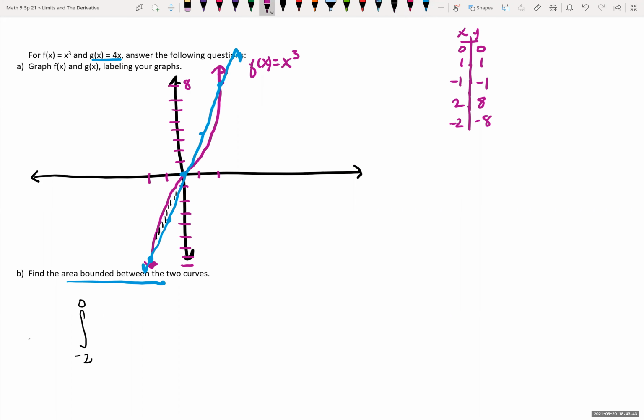It's always the function that's on top, the bigger y value, which is x cubed, minus the function that's on the bottom, which in our case is this 4x, dx.